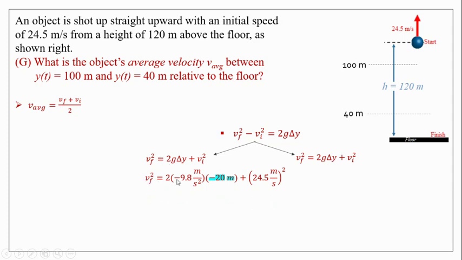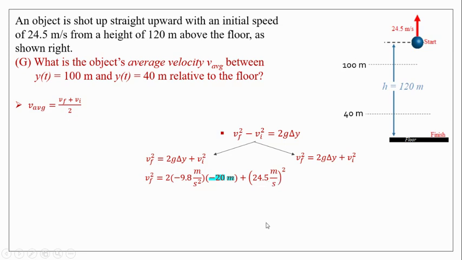Here, I have 2, and then I have g is negative 9.8, and then delta y here is negative 20. It's negative 20 because I'm starting from the position where it started, and then it fell down to 100. So that would be a difference of 20, and it's negative because it's falling down. Okay, my VI is given as 24.5.